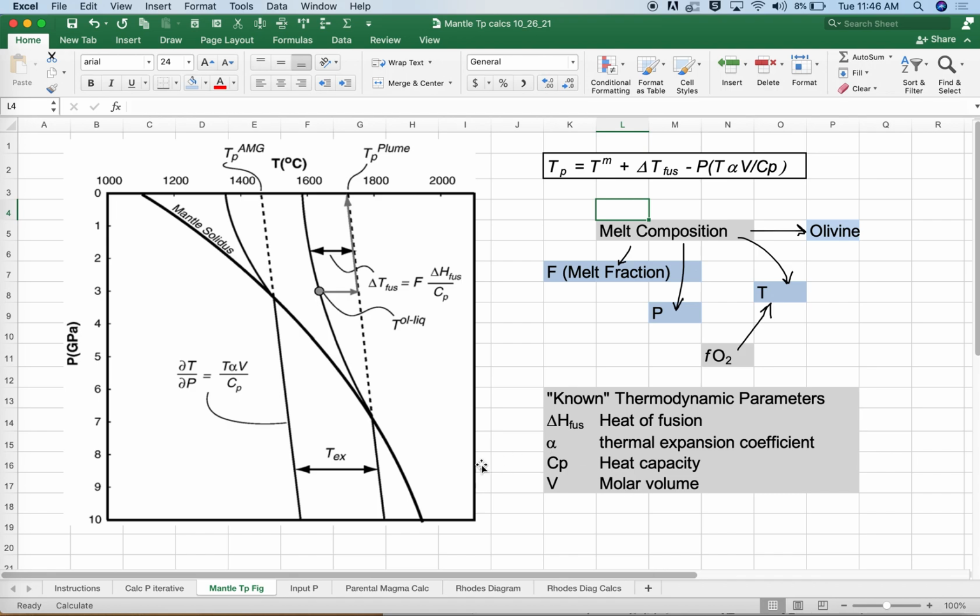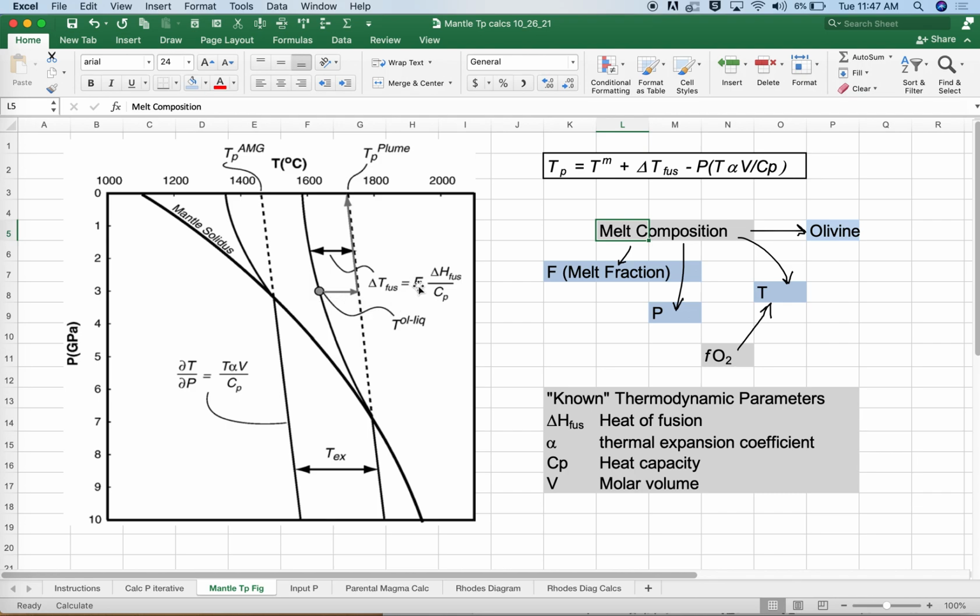So that's it. Just for a quick review then, the mantle potential temperature is the temperature that a parcel of mantle would have if it could reach the surface without any melting or any conductive cooling. The way we're going to try to find it is to use a melt composition as input. If there's a melt that's erupted at the surface, we're going to reconstruct the temperature and the depth at which it equilibrated in the mantle.